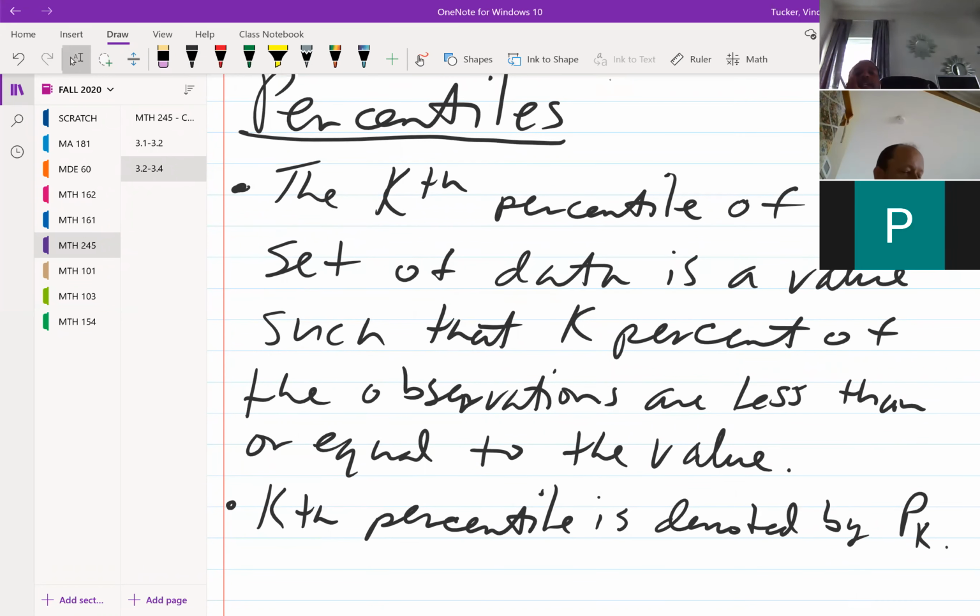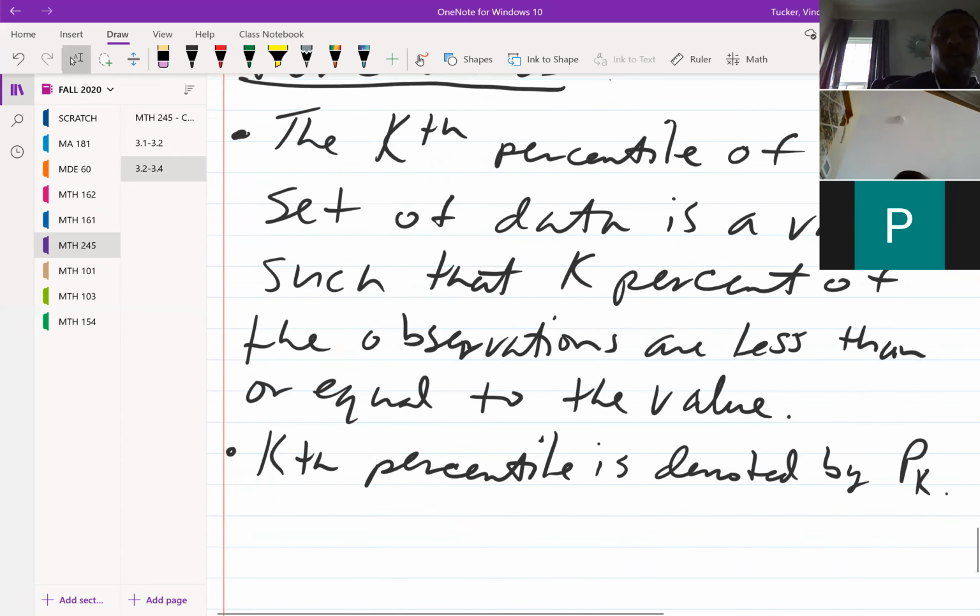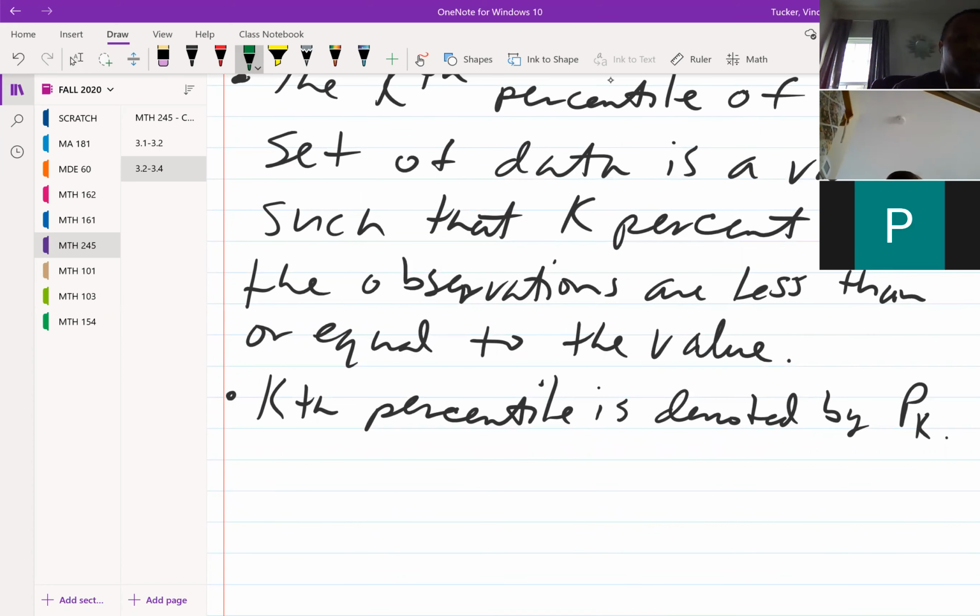So the K percentile, just using K generically, of a set of data is a value such that K% of the observations are less than or equal to the value. And the Kth percentile is denoted by P sub K. All right. So what does that mean?